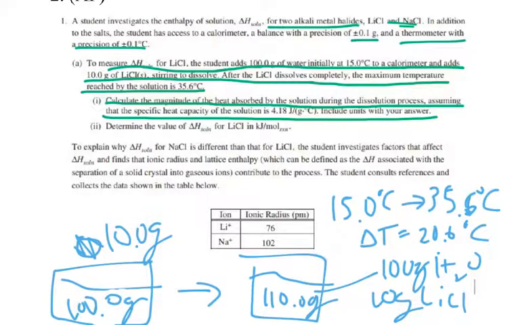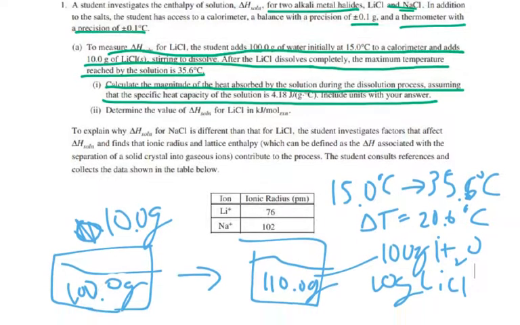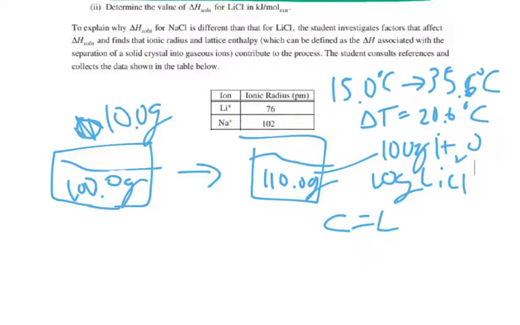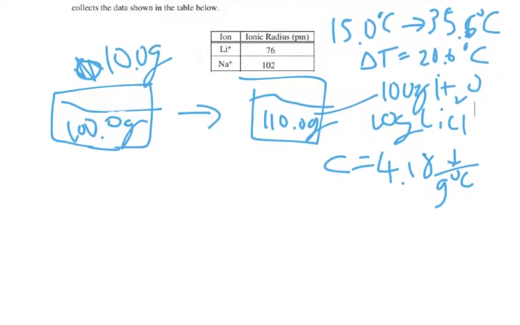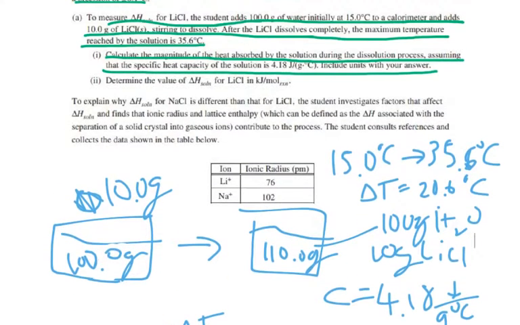Now, what other information do we have? Well, we have the C, the specific heat, which is 4.18 joules per gram degree Celsius. So we can use Q equals mc delta T to figure out the magnitude of the heat absorbed by the solution.